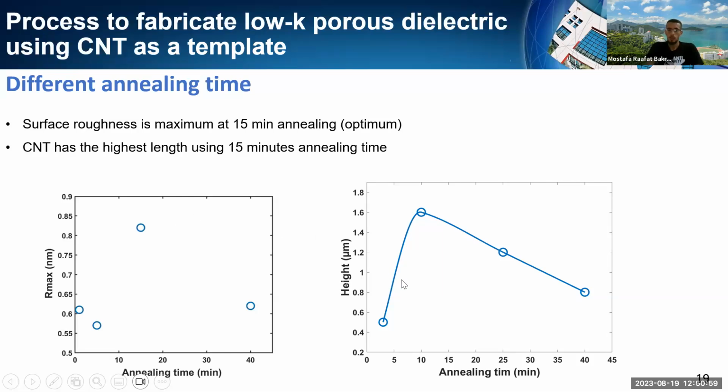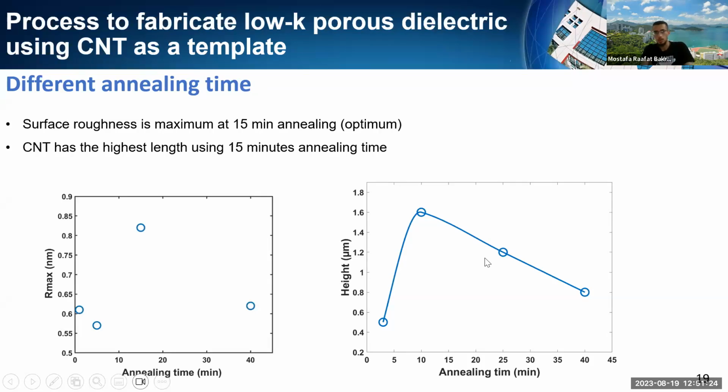And after growing the CNT following the surface treatment, we found that the length of the CNT has a maximum value at around 10 minutes, and then it is reduced again for a longer annealing time. From these results, we determined the optimum treatment to be 10 minutes annealing time for the CNT growth.